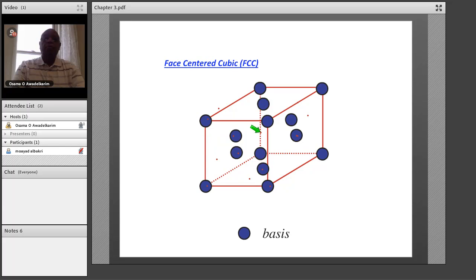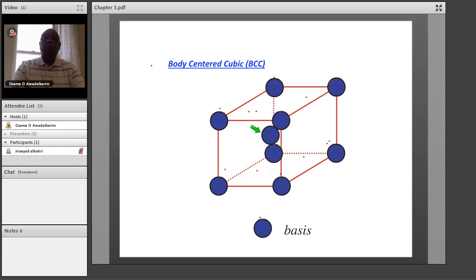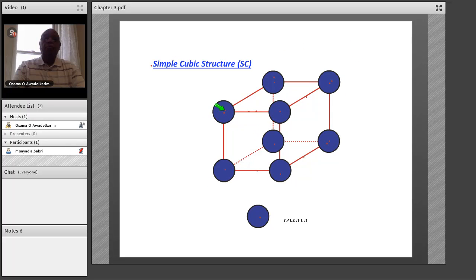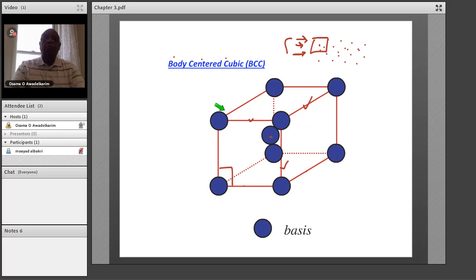So you can see as we go from the simple cube, we have altogether 8 atoms within the unit cell. Then we go to the body center where we have now 9. We have added another atom in the middle of the unit cell.